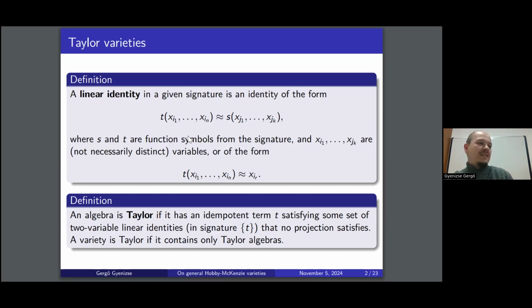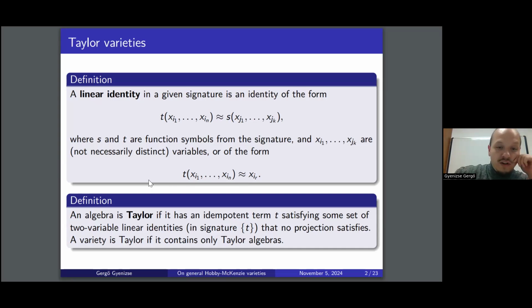A linear identity is more permissive in that it can be an absorption identity. So it can say that if we plug in some variables, for example the first two are equal and the last two are equal, for a four-ary term, then it must always give one of the variables, say the first one. A linear but not height one identity is, for example, t(x,x,y,y) = x.